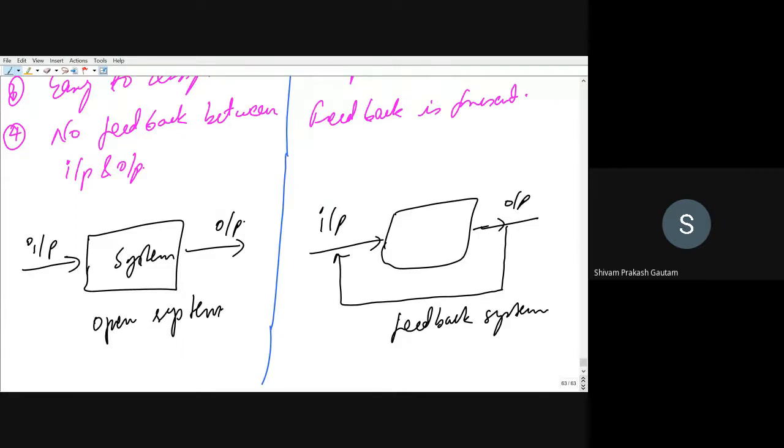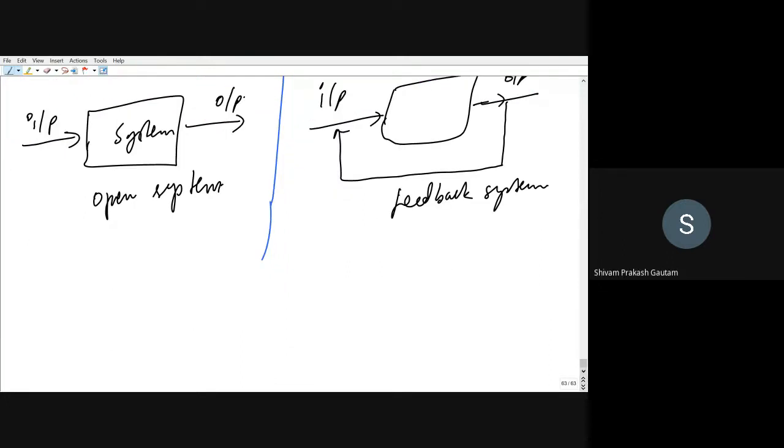The output might say to the input or to the controller that the desired output has not been reached, so make some changes in the input so that the desired output can be reached. Or likewise, some things will be there. The basic difference between combinational and sequential circuit is here: no feedback here, and feedback is present here. Okay. So this is the fourth difference.